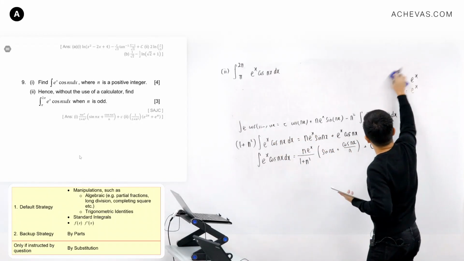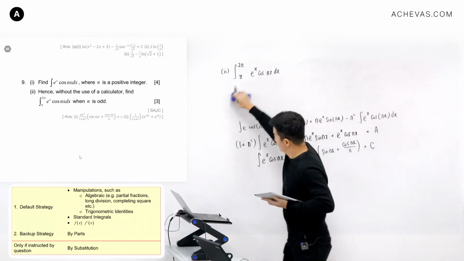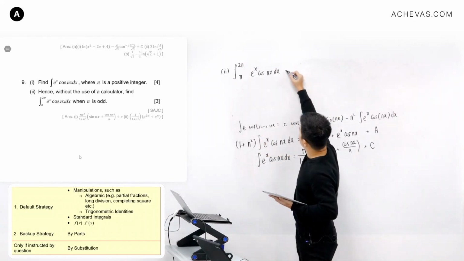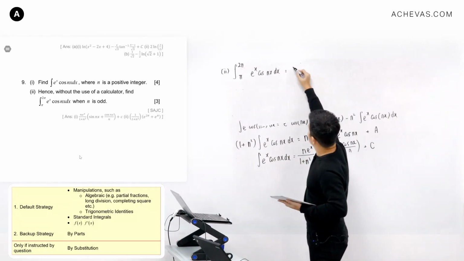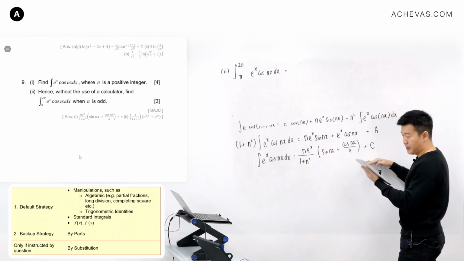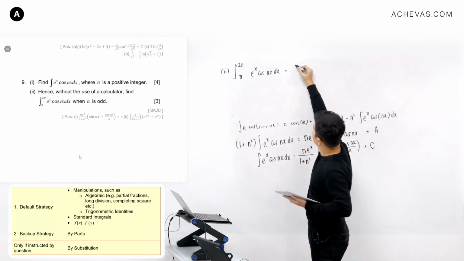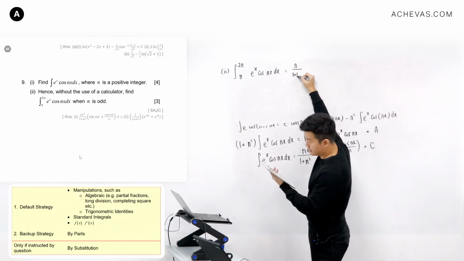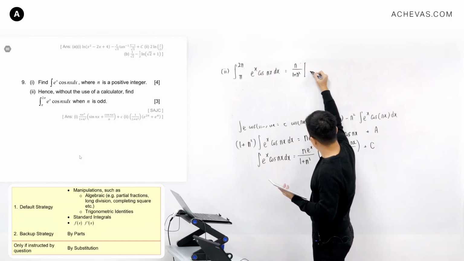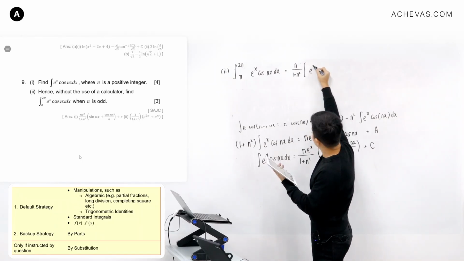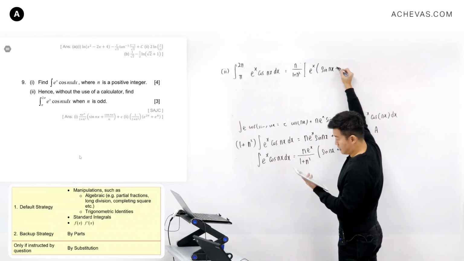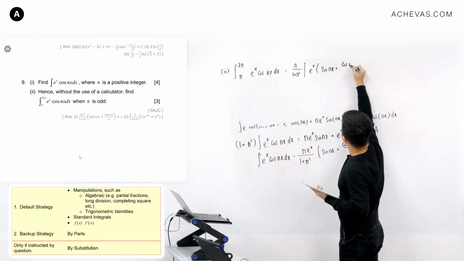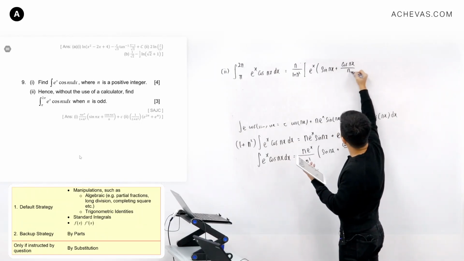And this is the one that actually appears in one of the A-levels in the recent years, because we are supposed to do a bit of a deduction. I'm going to show you how that is done. So we will have this, and I'm going to just take out this n over 1 plus n squared, which will leave me with e to the power of x, then sine nx plus cosine nx over n.